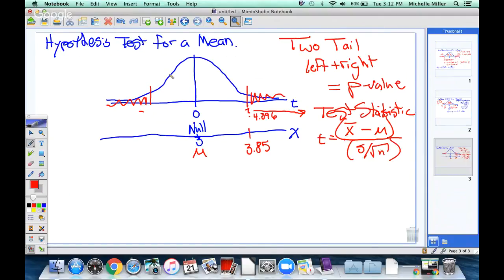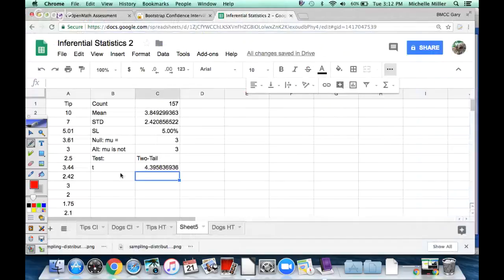All right, so next we need to calculate the probability of this tail now that we have the t-score. This is kind of complicated, so let's do that next. My spreadsheet takes these things in order. I'm ready to start finding the p-value. The p-value is equal to T.DIST, which takes a t-score and calculates a percentage.